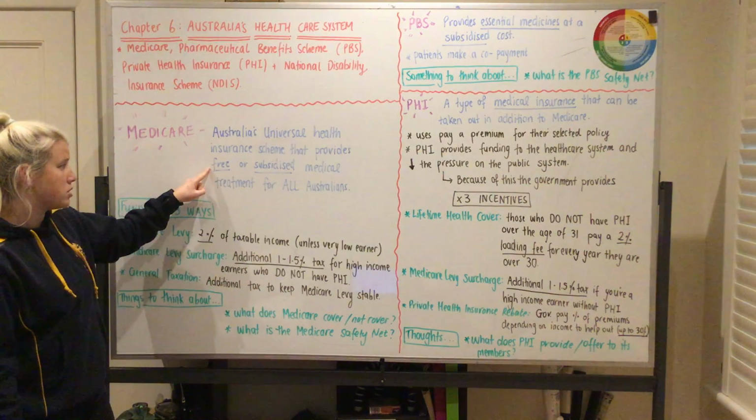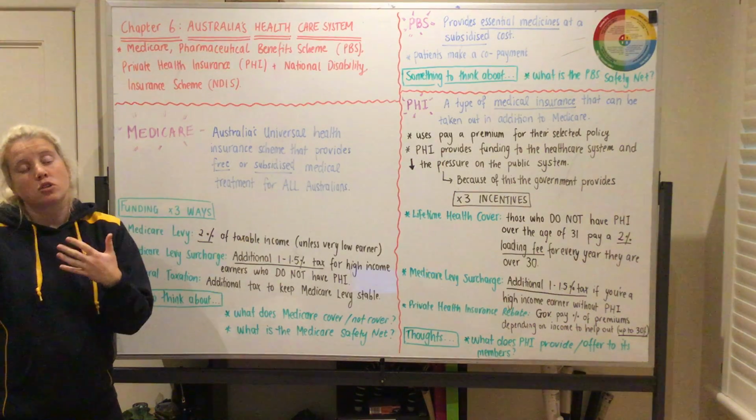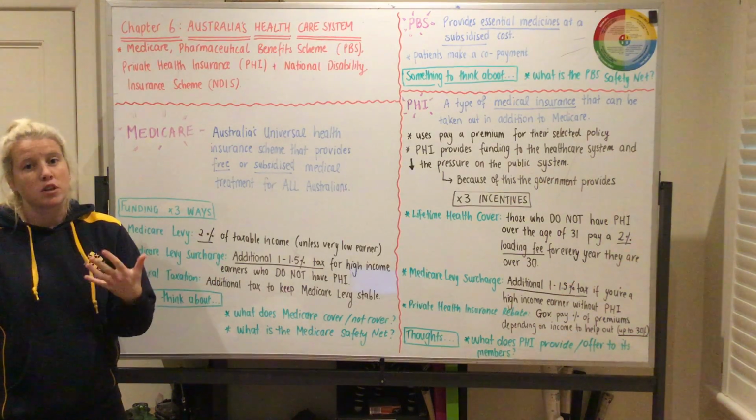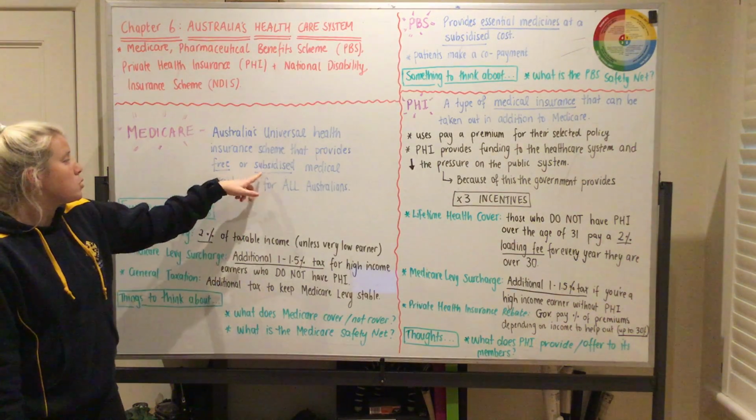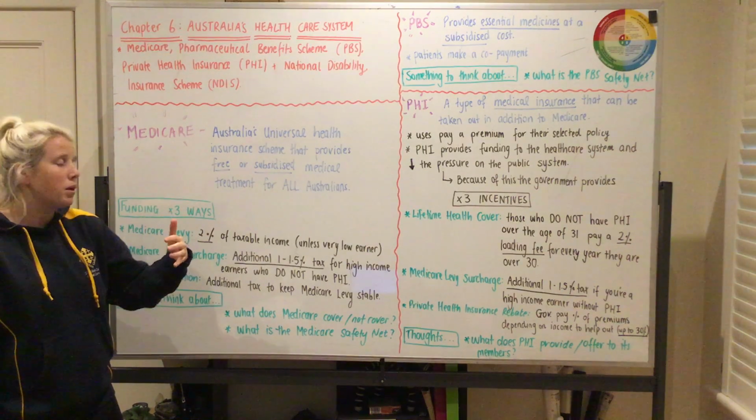So that's all covered. If you go to a clinic where the doctor is charging outside of that scheduling fee, outside of that $37.60, you'll find that you need to pay a part or a co-payment.